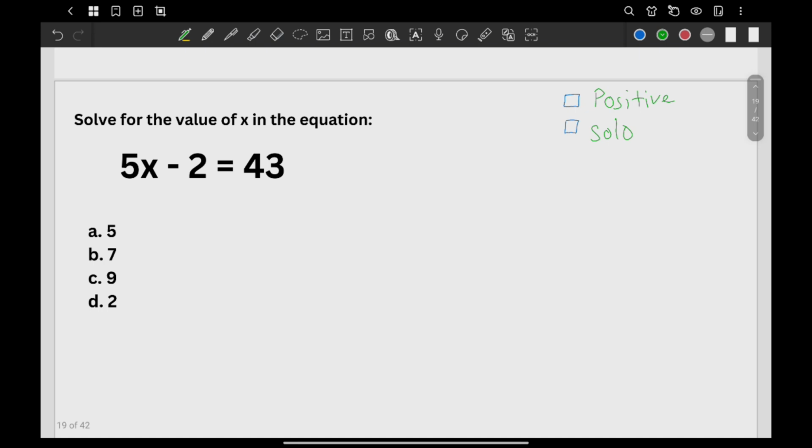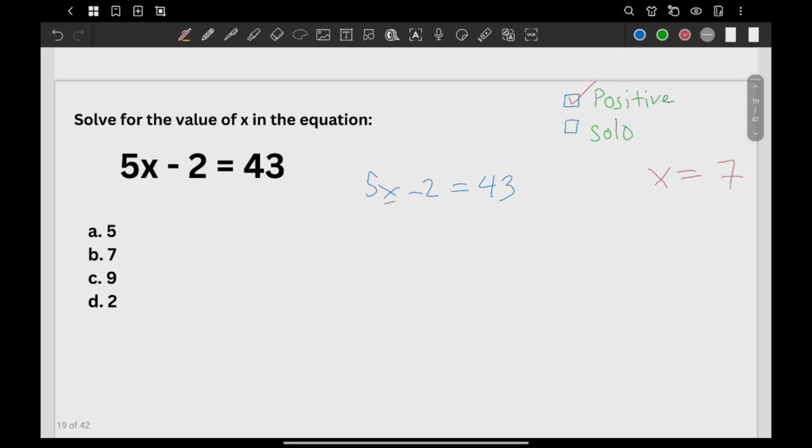Let's say for example we have here 5x minus 2 is equal to 43. Don't worry, we have a lot of examples of this. So where's your variable? It's the x, right? Is the x already positive? Check, right? That's positive 5x. Next. Is the variable x already solo? When I say solo, is the variable x alone on one side, like x equals 7?